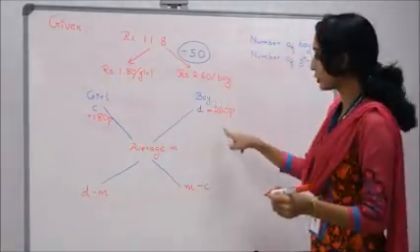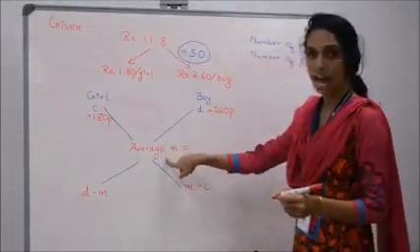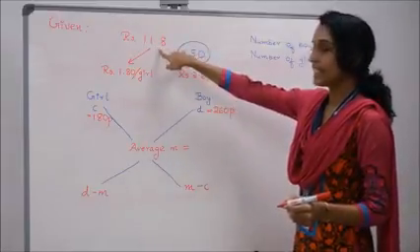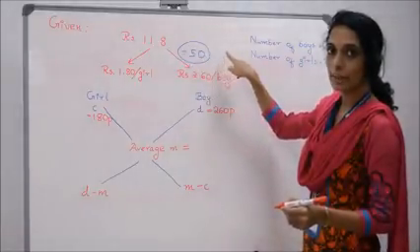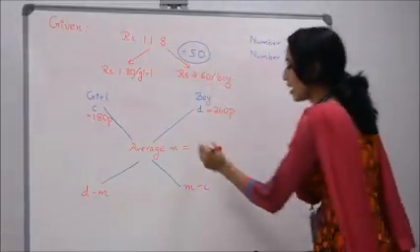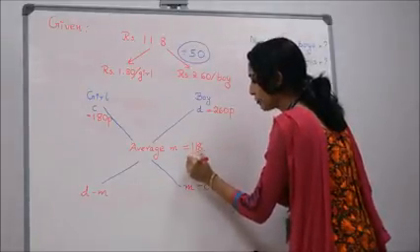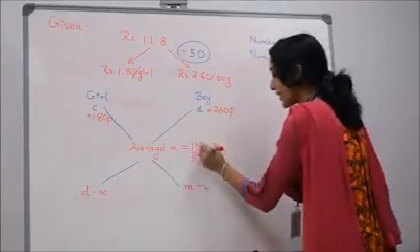Rupees is converted into paise. And here we have to find the average. Average is nothing but 118 divided by 50. 50 is the total number of boys and girls. This has to be converted into paise.